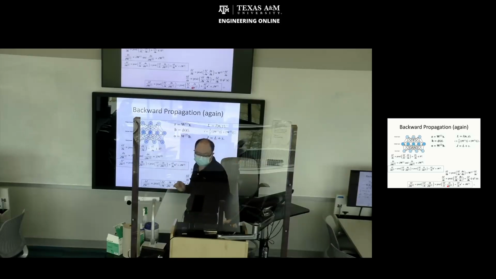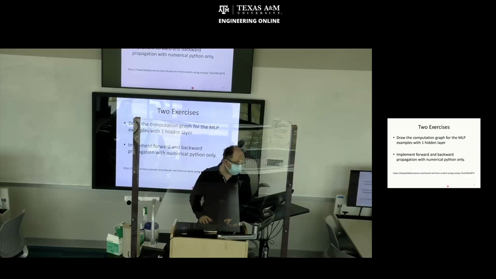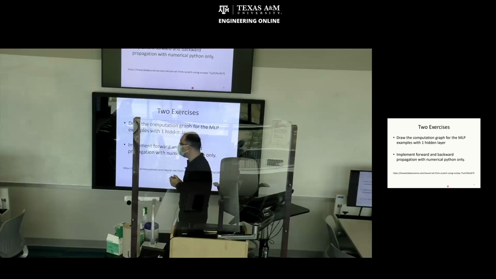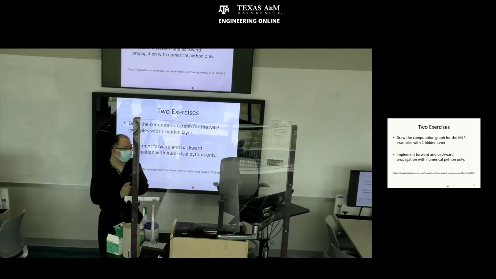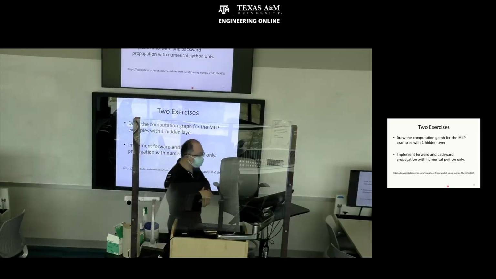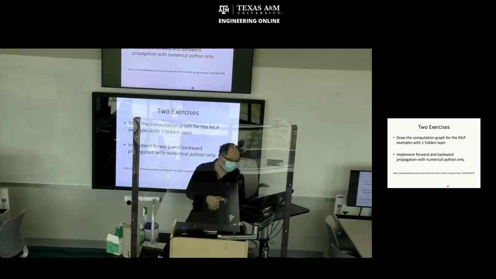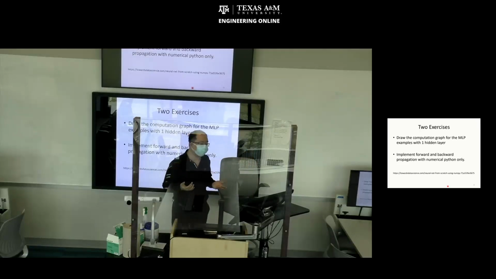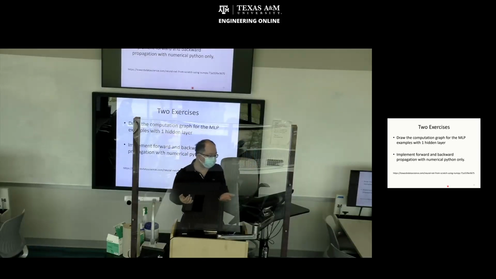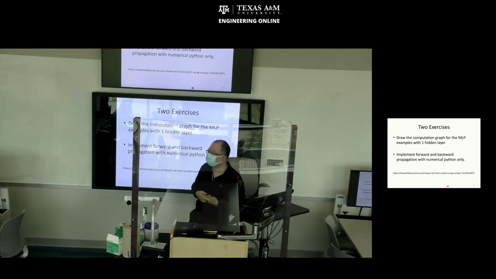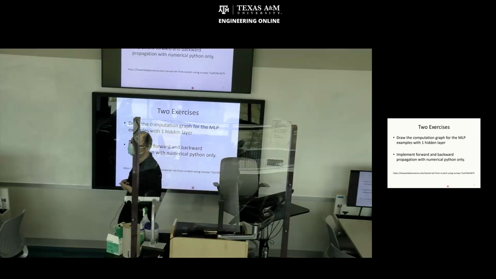Okay, so I have 2 exercises for you after the lectures, to see whether you really understood these concepts, right? First, I would ask you to draw the computation graph for an MLP with just one hidden layer. Okay, so it should be a very simple example.